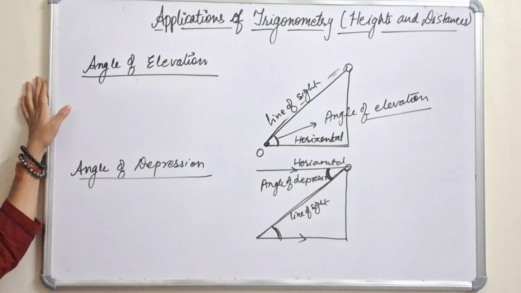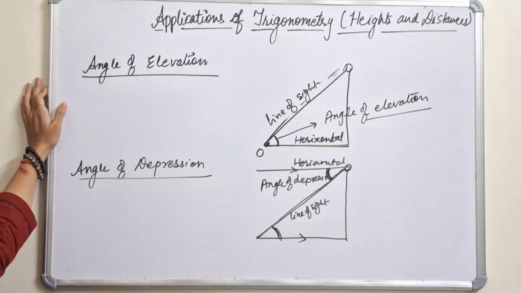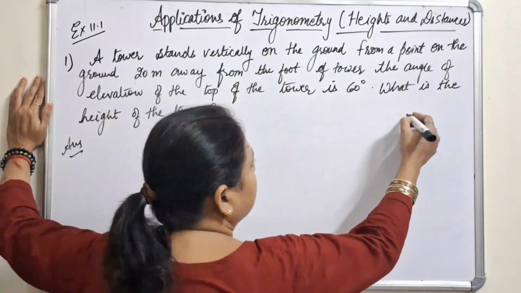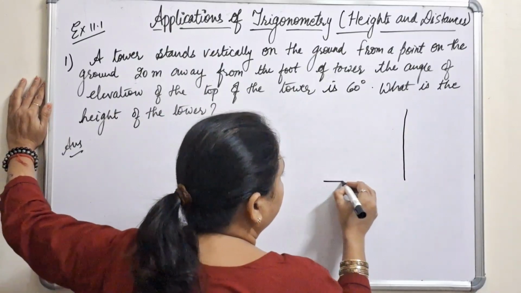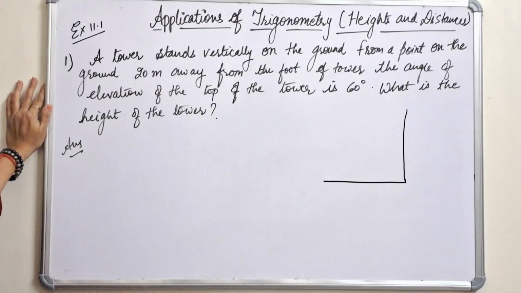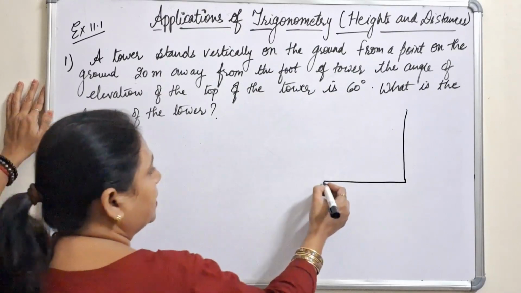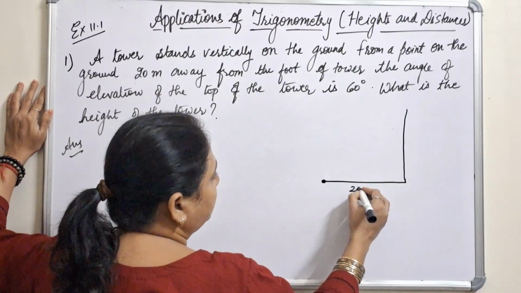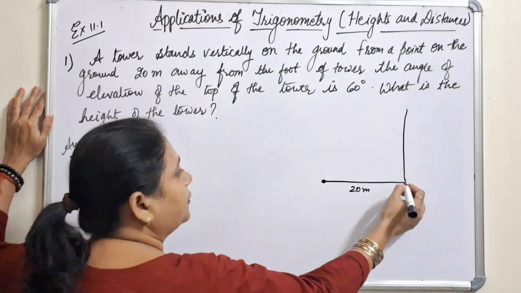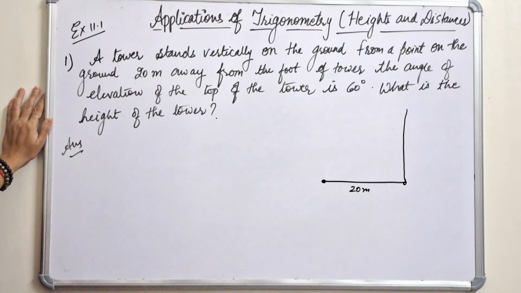So let us start exercise 11.1. Now the very first question: a tower stands vertically on the ground. This is the tower standing vertically on the ground. From a point on the ground 20 meter away from the foot of the tower, the angle of elevation of the top of the tower is 60 degrees.